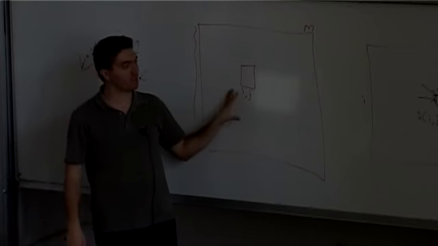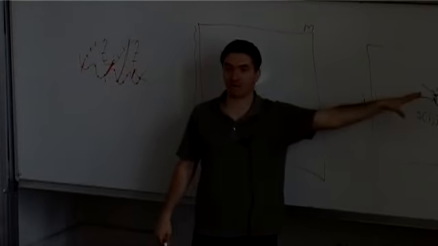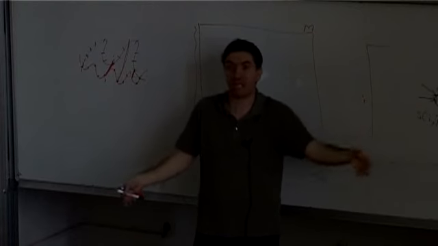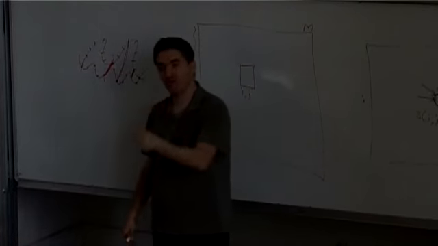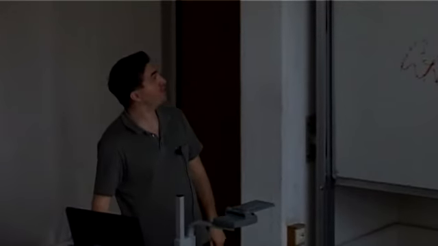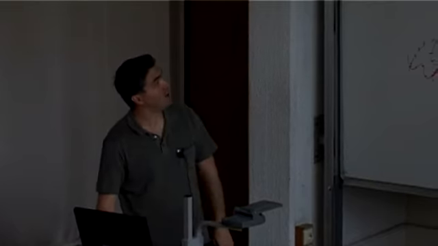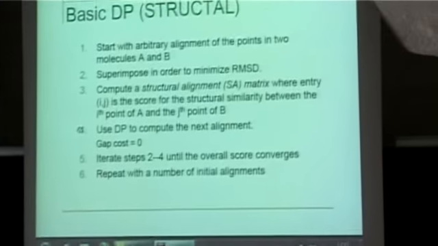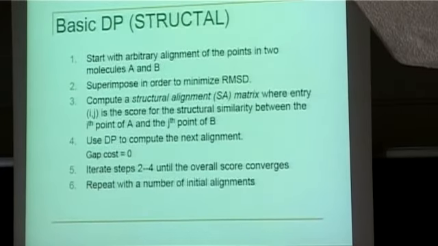After this matrix changes, you are going to run the dynamic programming algorithm again. Again, you may get a new set of matching residues. You continue this iteratively. That's why it's called iterative dynamic programming. You iterate these steps 2 to 4 until the overall score or the number of matching amino acids do not change in the next iteration.